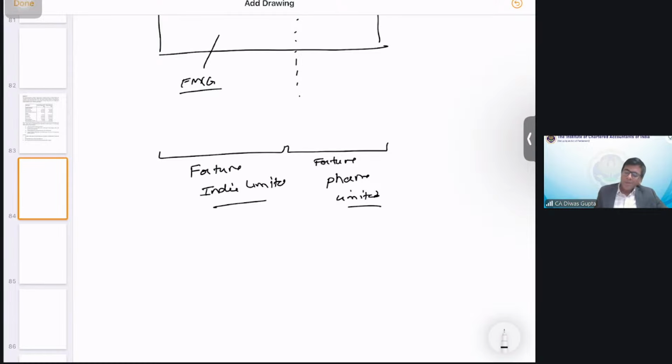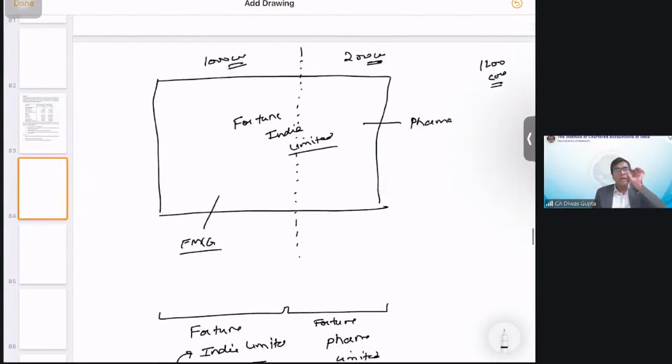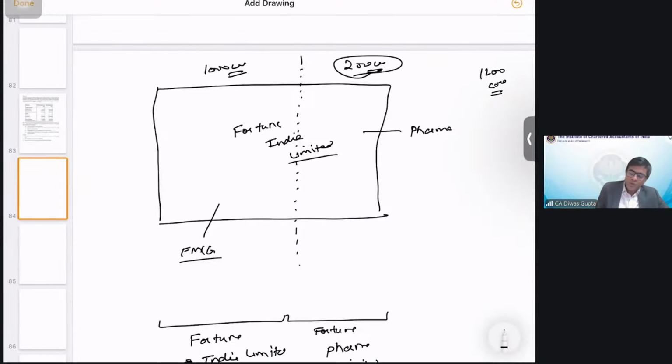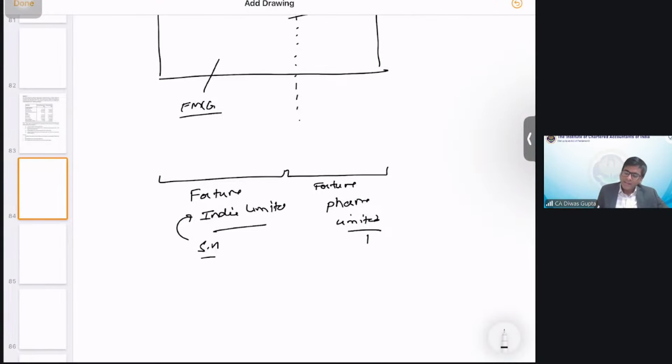Now, since shareholders of Fortune India Limited have foregone their rights in this 200 crore worth of business, hence they will be issued the equity shares of this company.